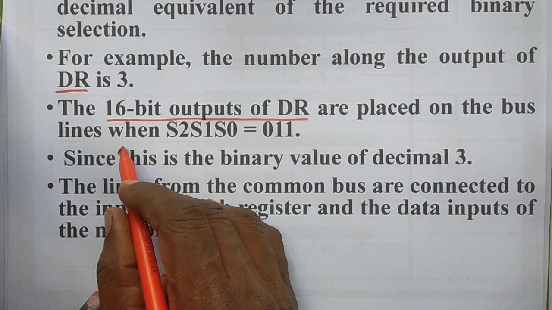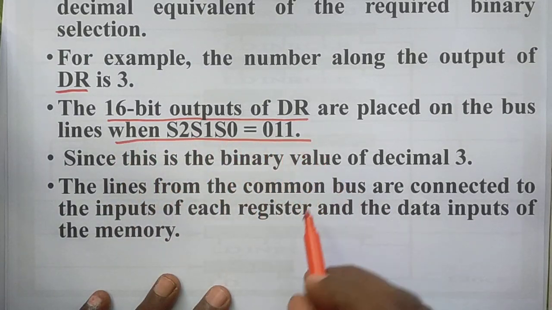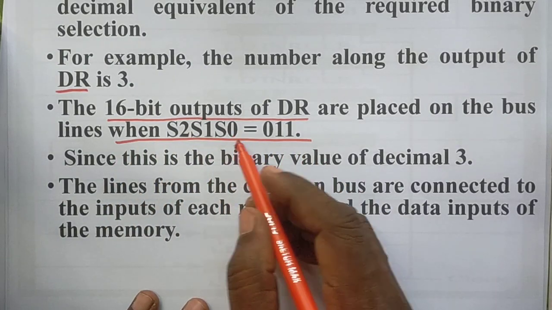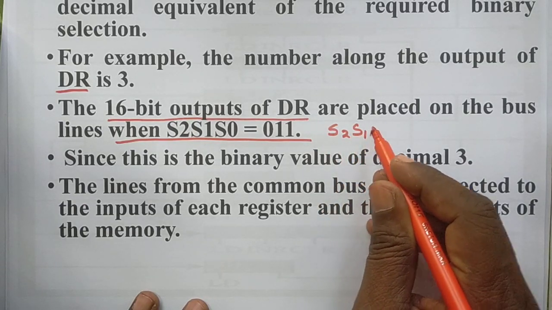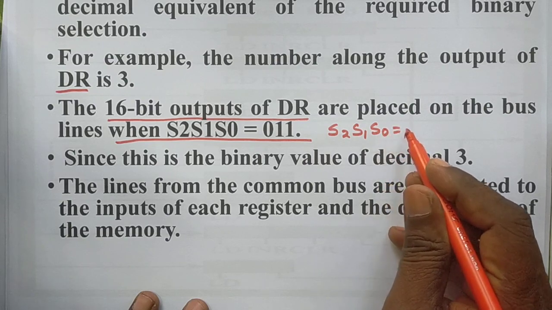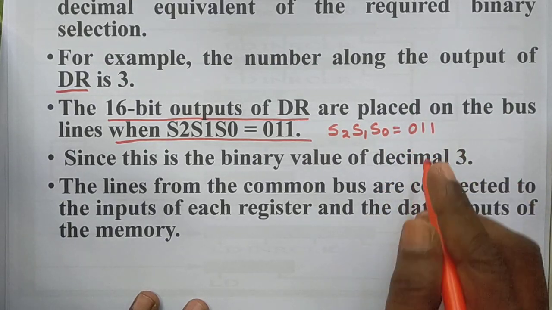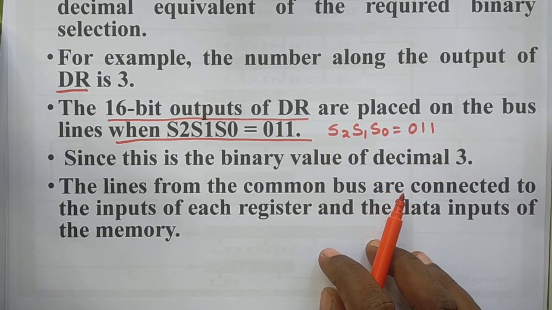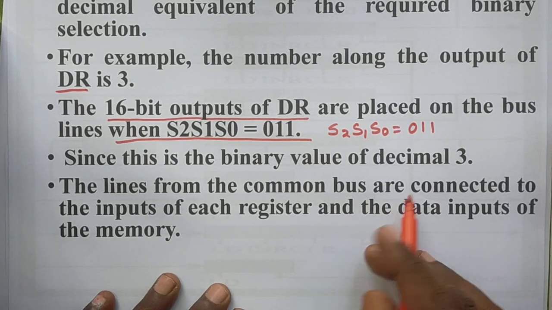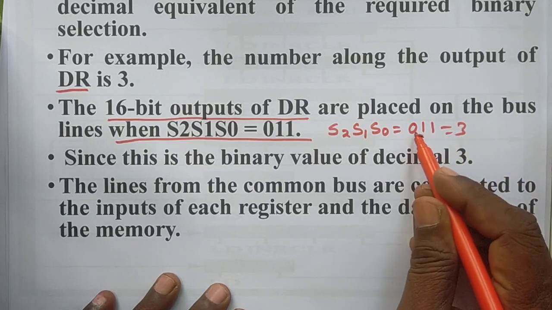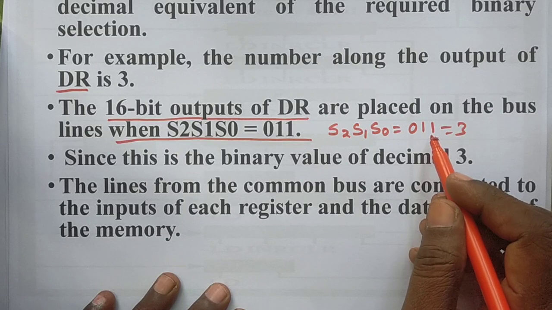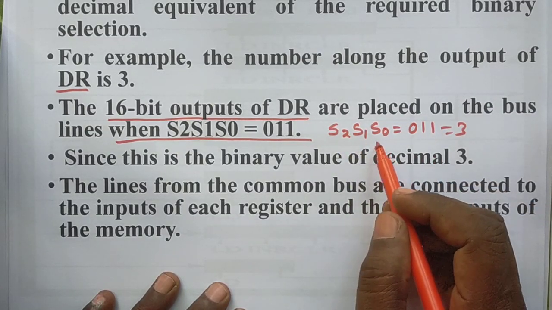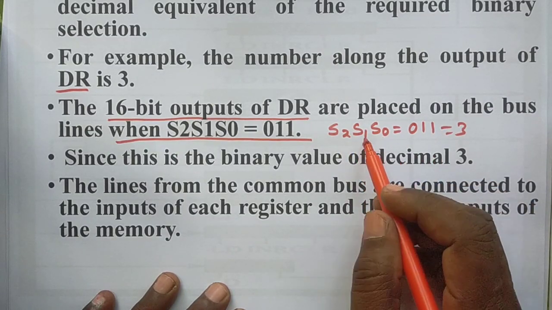When this particular selection variable is activated, S2 S1 S0 equals 0 1 1. If we convert this binary number to a decimal number, its value is 3, because 0 1 1 is 3, and 0 1 1 is selected through these 3 selection variables S0, S1, S2.